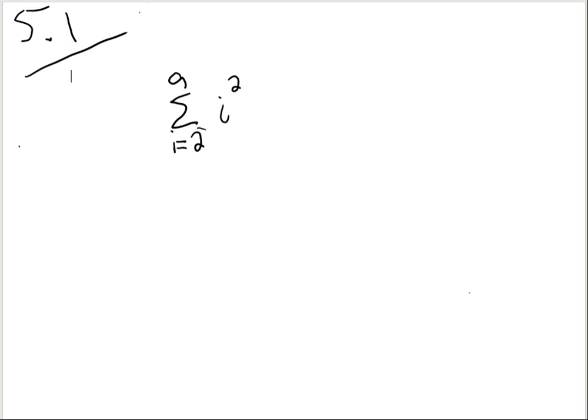Well, look, my index is not the same as it was before, and that looks like a problem. I'm starting at 2. So can I really use that rule? The answer is no, but I can do something clever. This is the same as the sum from i equals 1 to 9 of i squared, but then you're subtracting off that first term.